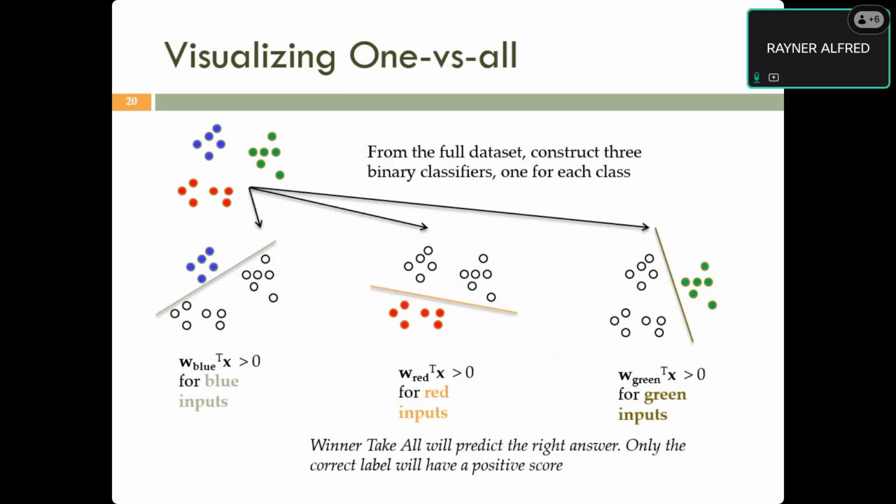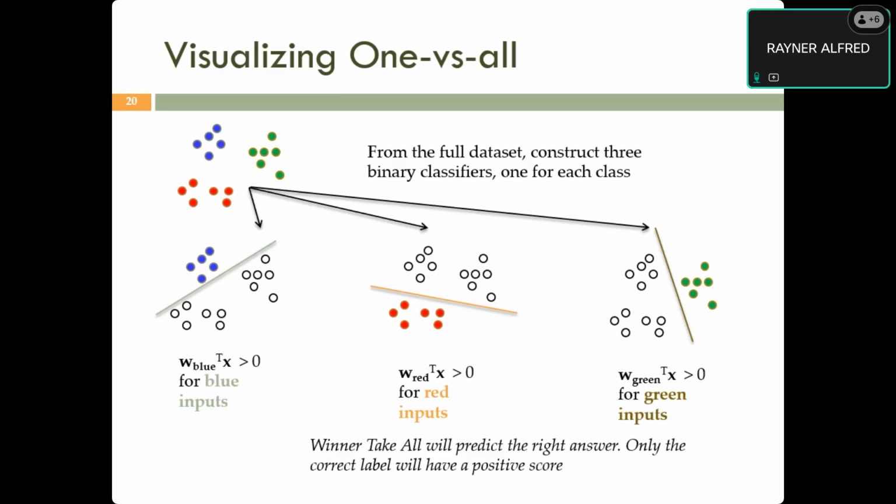Okay, but sometimes we have a problem here. For instance, for this one there will be no problem, because for the blue, for the red, and for the green, we can simply draw the line.